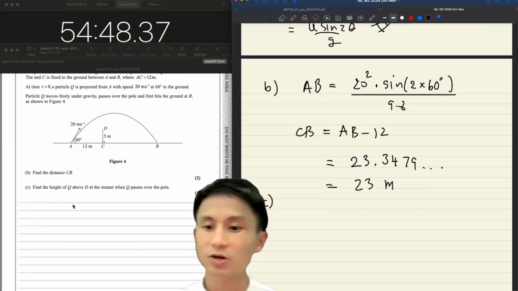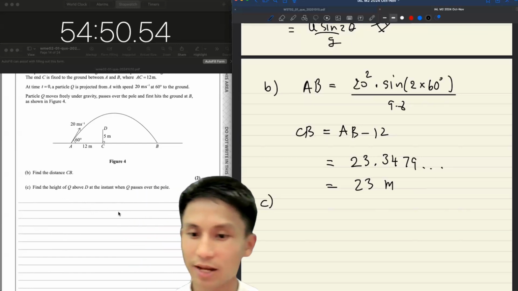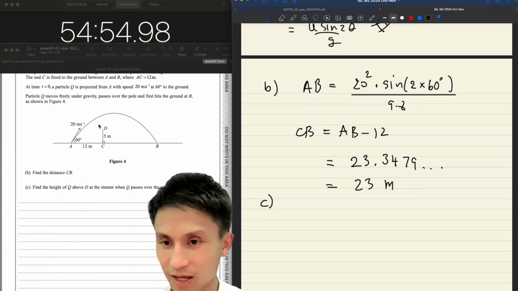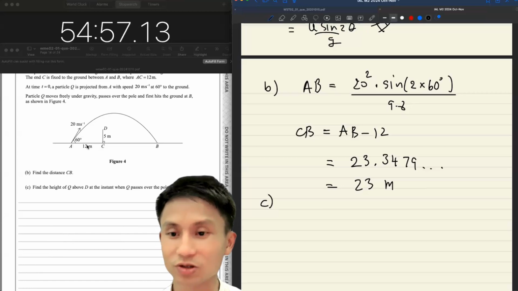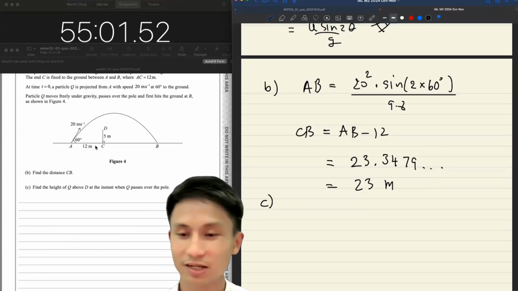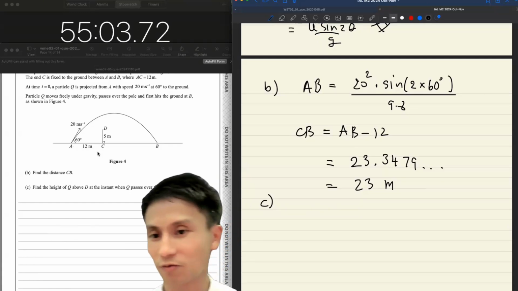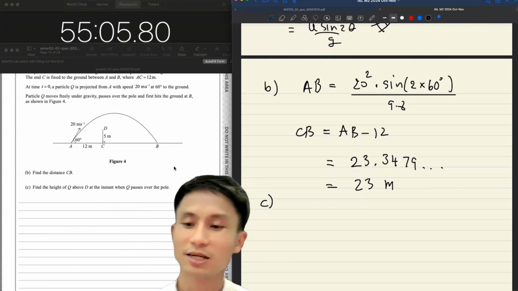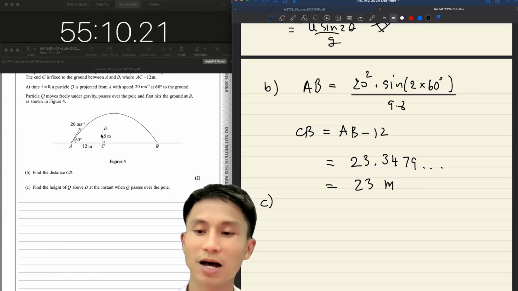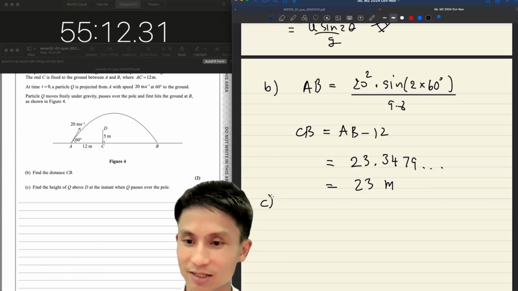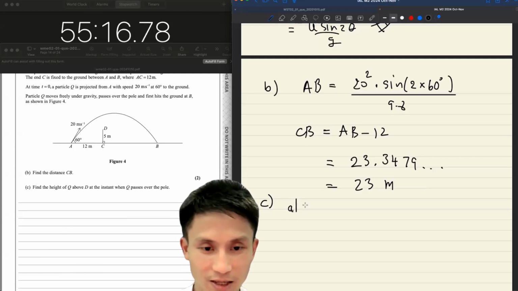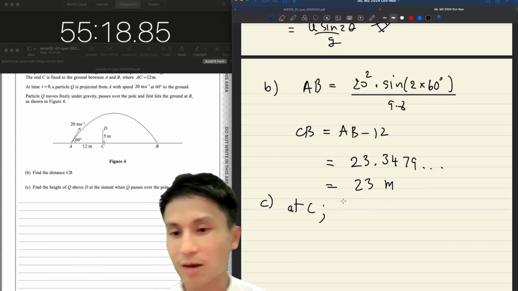Okay, find the height of Q above D at the instant when Q passes over the pole. So it's just that point there. That means the horizontal component of displacement would have been 12 meters from the start. So we want the point where the time passes so that it is at C. At C, what time will have passed?